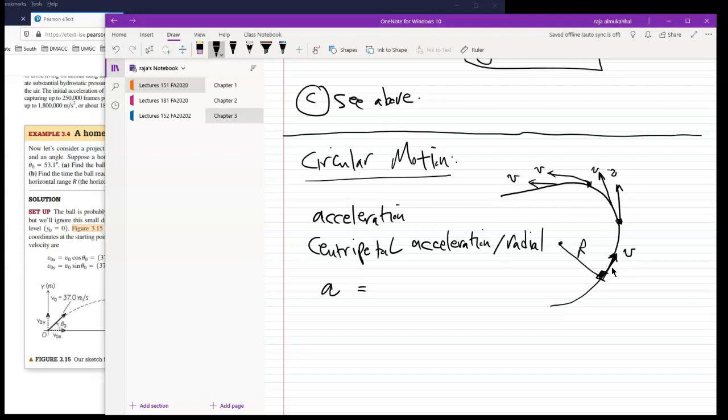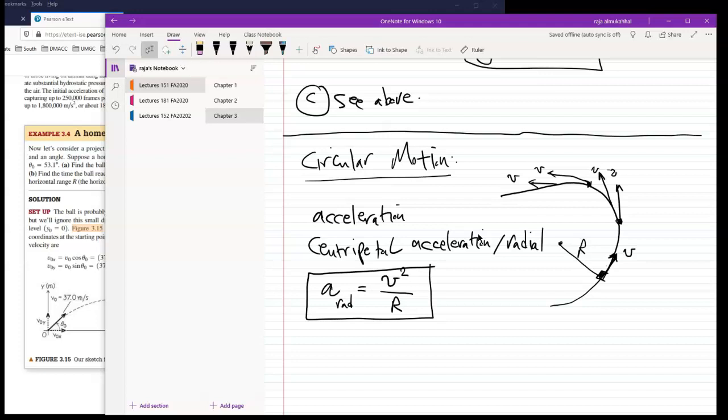I'll come back to this in a second. This centripetal acceleration is equal to the velocity of that object going around the circle squared divided by the radius of curvature of the circle. Again, he calls it radial.